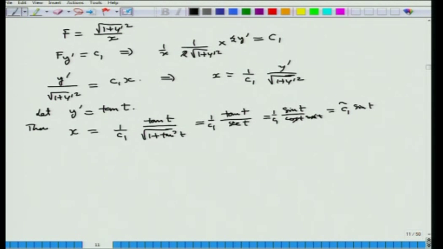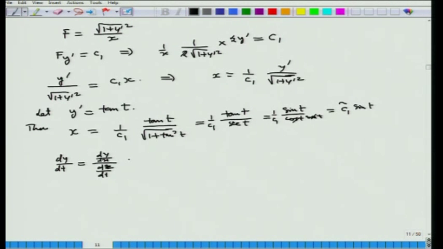And now, to get the y solution here, we know that dy by dt equals dy by dx upon dt by dx, that is, dy by dx times dx by dt.